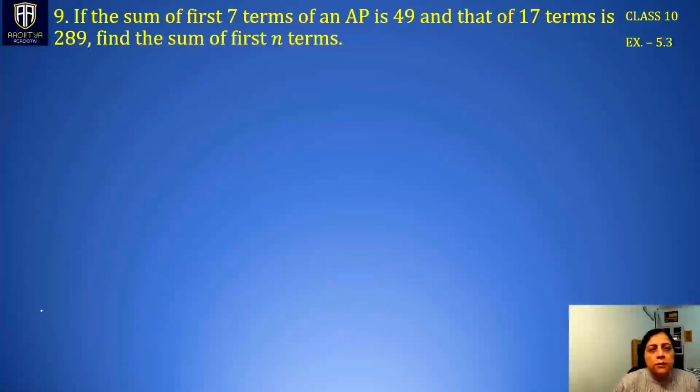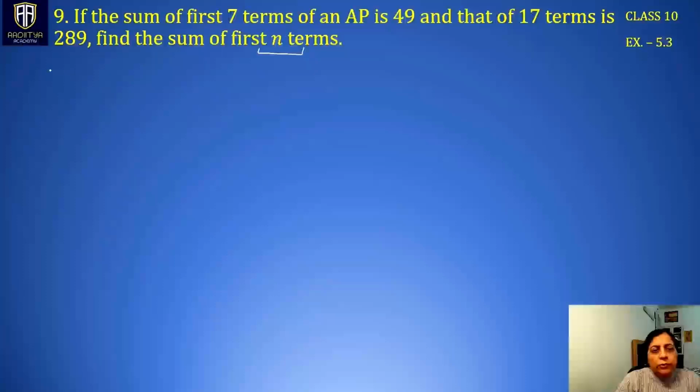Next question says, if the sum of first 7 terms of an AP is 49 and that of 17 terms is 289, find the sum of first n terms. Finding the sum of n terms means you have to find a generalized formula for Sn for this sequence.